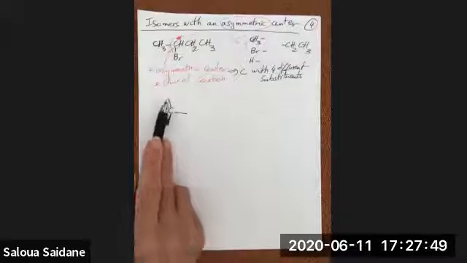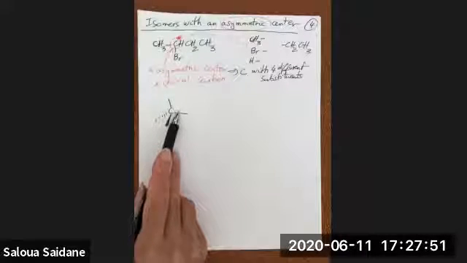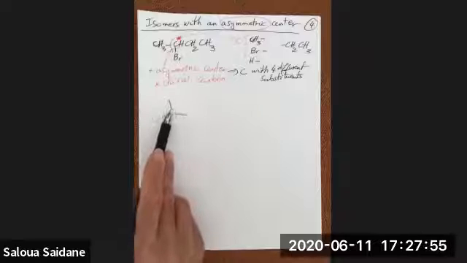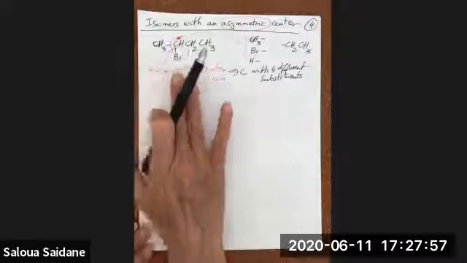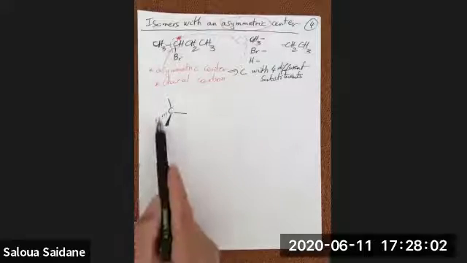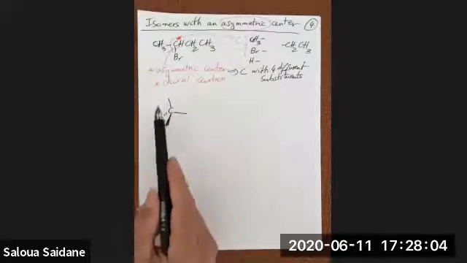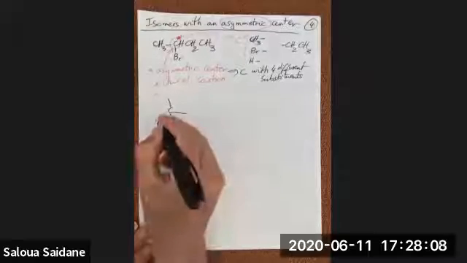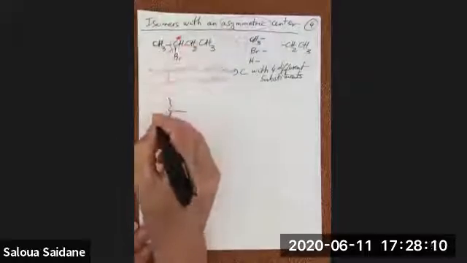2 bonds are 109, so it's a little bit more than a 90-degree angle. And this means that this atom and this atom are all on the plane of the paper. This one means it's in the front, this one is in the back. So that's called the perspective. And now all I have to do is put the substituents. So I can put the H in the back.